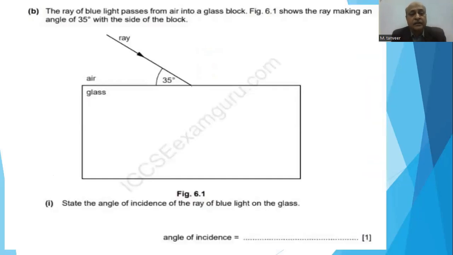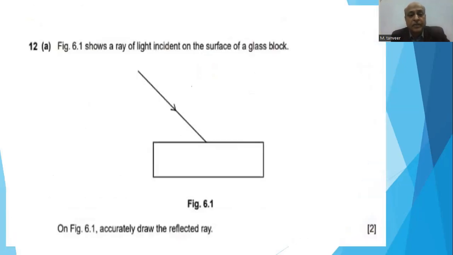Next, the figure shows a ray of light incident on the surface of the glass block. Accurately draw the reflected ray. Now you have to draw only the reflected ray, not the angle of incidence or the angle of reflection. So this is the incident ray and this will be your reflected ray.